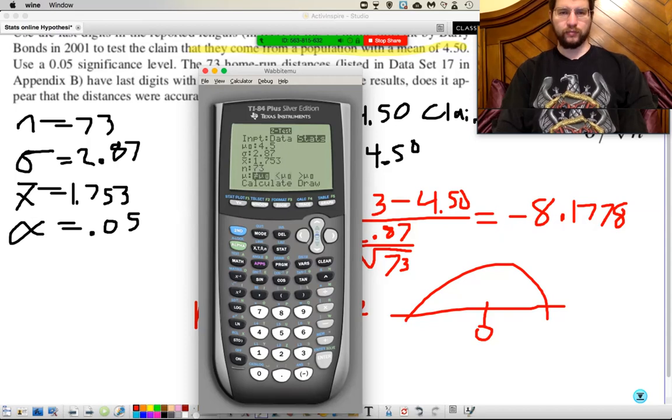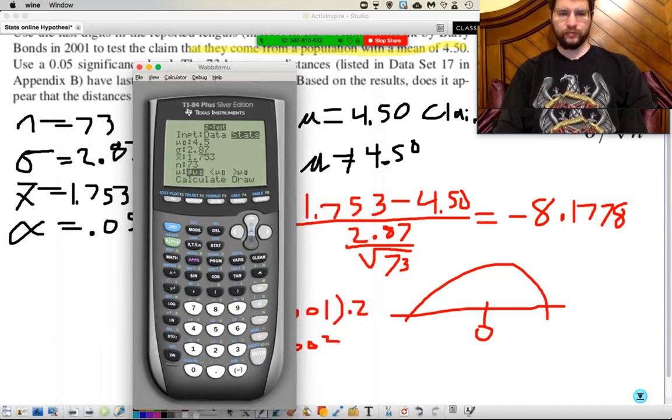Two-tail. Notice it's two-tail. And yeah, okay, look at that p-value. It's a decimal followed by 15 zeros. 15, and then a 3. We can round that up to 3.